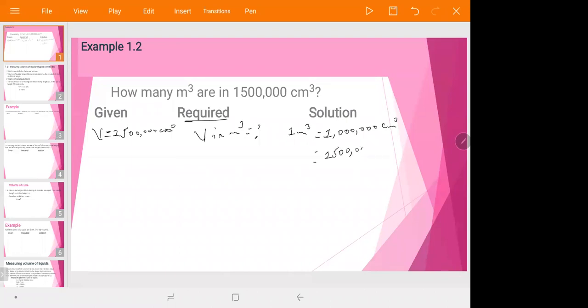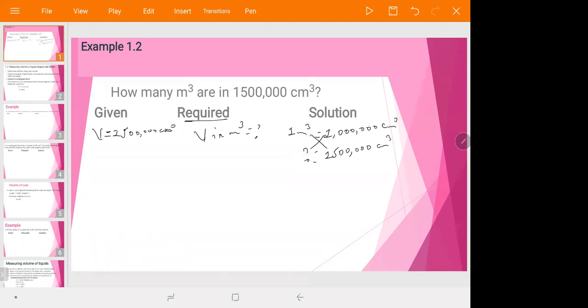To change 1,500,000 centimeter cube into meter cube, we must multiply crisscross. You can represent the question mark by a variable like x, y, b, a, and so on. Whatever you want.